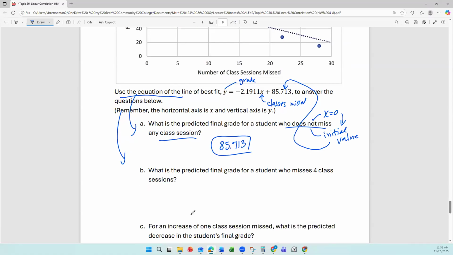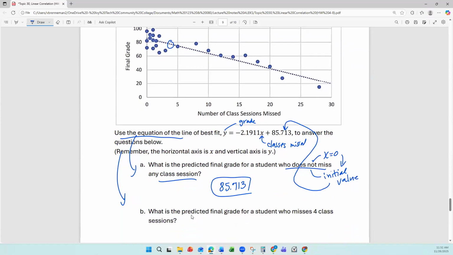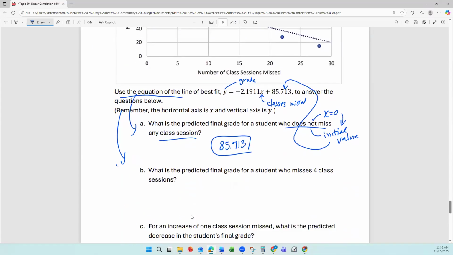What's the predicted final grade for a student who misses 4 class sessions? From the graph, we can see it's going to be somewhere in here, a little below 80, but it didn't say use the graph. It said use the equation, so we're going to get that more precise prediction. Plugging in 4 for x into the equation, negative 2.1911 times 4 plus 85.713.